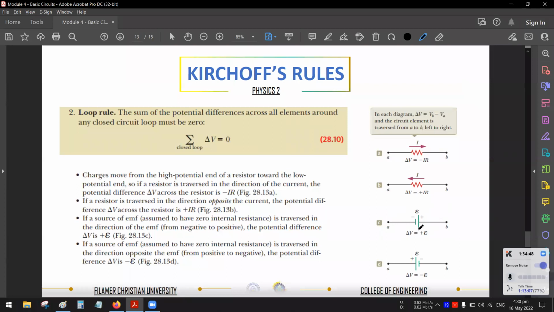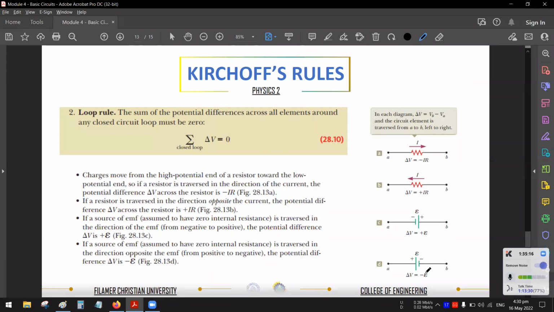If a source of EMF, assumed to have zero internal resistance, is traversed in the direction opposite to the EMF, so from positive to negative, then obviously yung potential difference or electromotive force mo is negative. Magne-negative ka dyan.